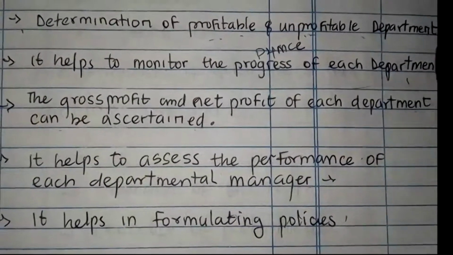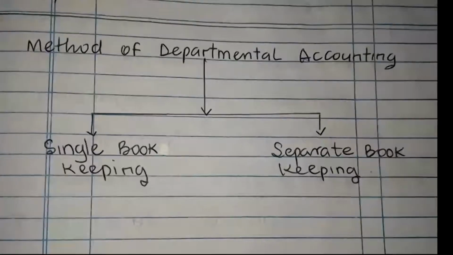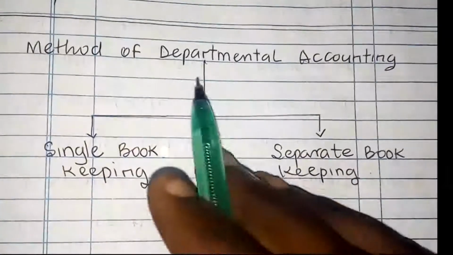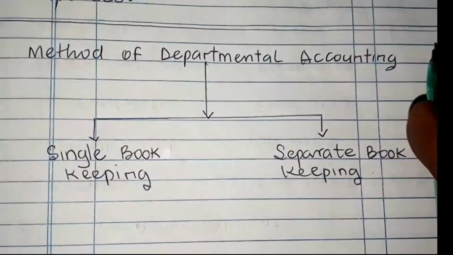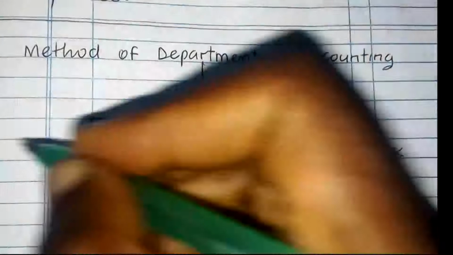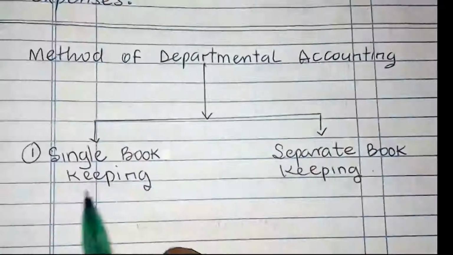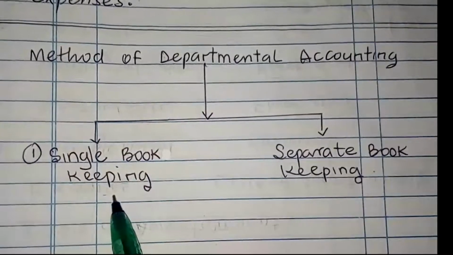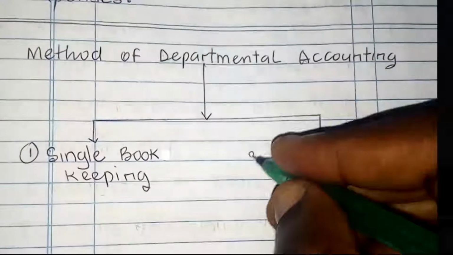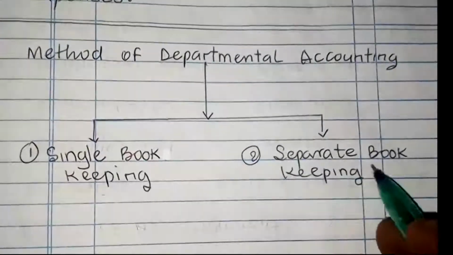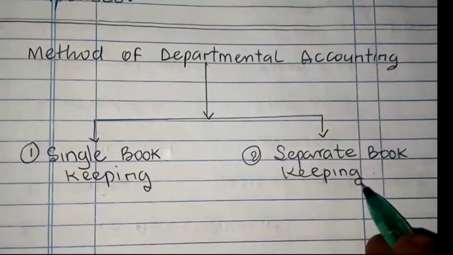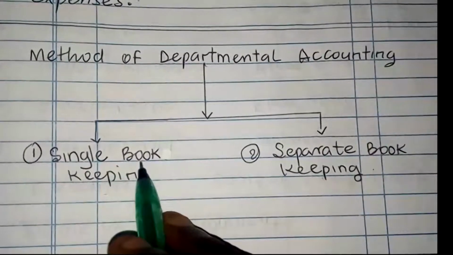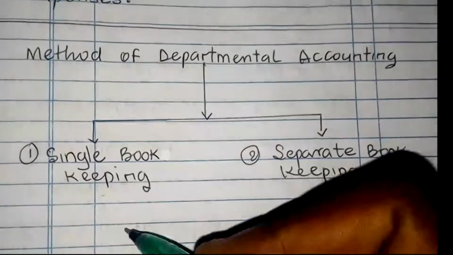There are basically two methods: single bookkeeping, where a single account book is kept for all the departments, and separate bookkeeping, where separate books of accounts are kept for the departments.